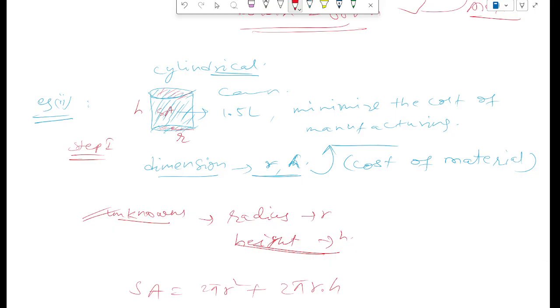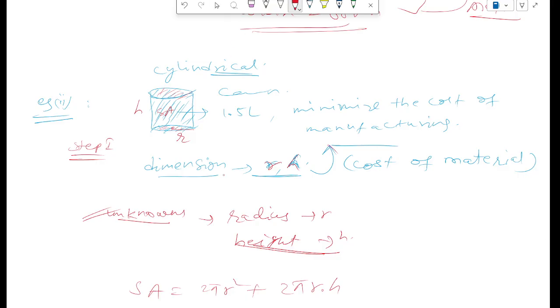First we made the diagram to understand what this problem is saying and what our goal is to calculate in this problem, and then we defined the variables. R and H were the variables in this particular problem, and variable means unknowns.